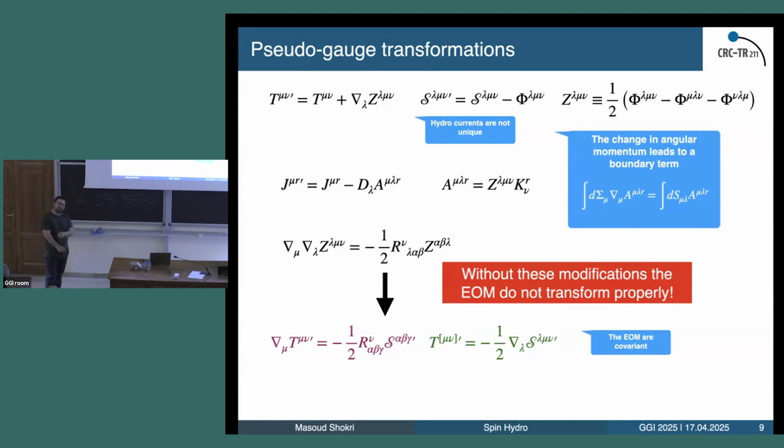Yeah, you can say that this is the correct pseudo-gauge. I don't know the exact answer, but I think there shouldn't be. It shouldn't be possible because this is something that you can actually throw away with a pseudo-gauge transformation.